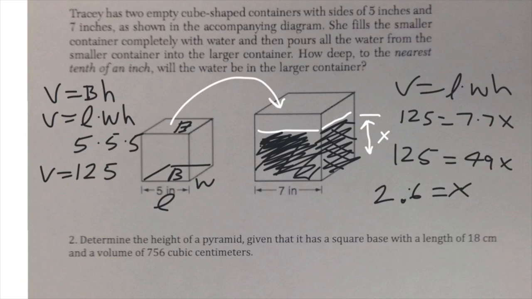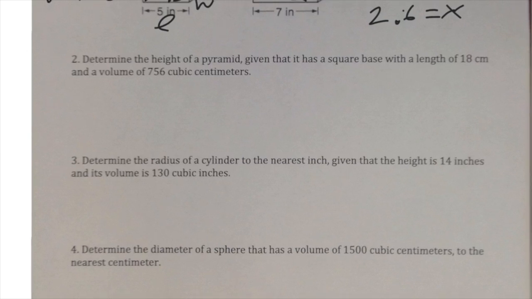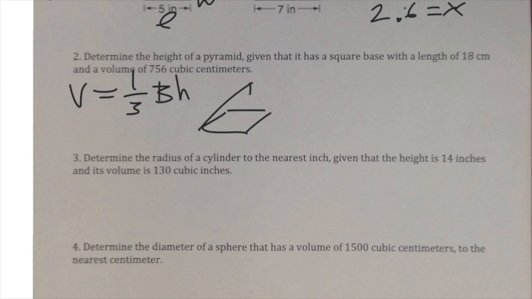All right, and we've got similar mysteries here on the rest of the page with different shapes. So for question number 2, we're talking about a pyramid with a square base. The formula I'll need for the pyramid, which is given to you on the exam, is 1/3 big B times H. So we've got a square base, which I'll draw slanted like that.